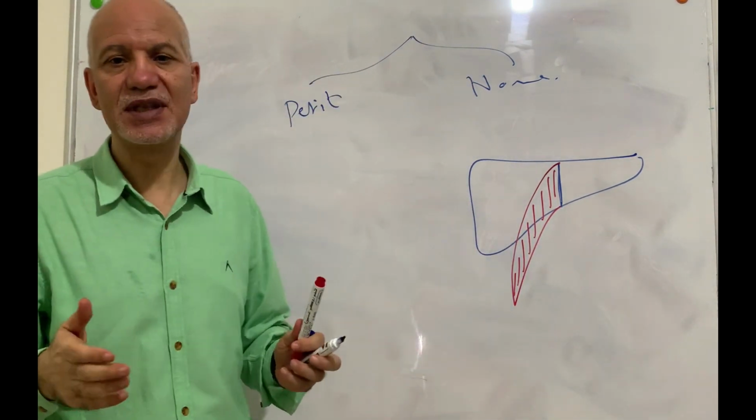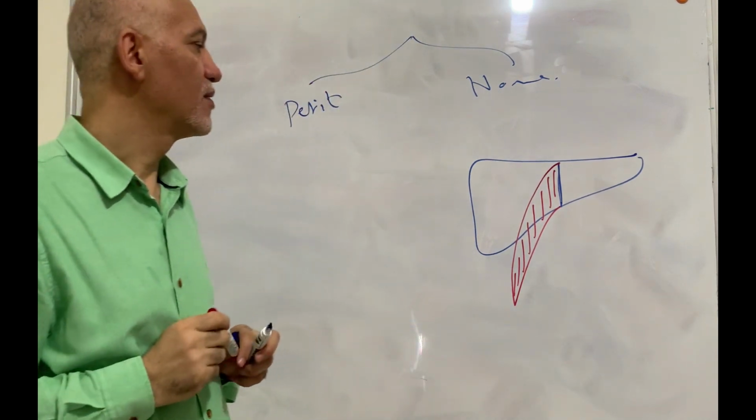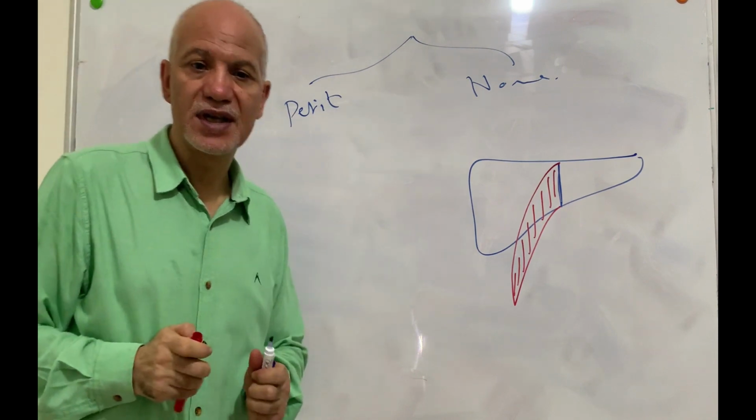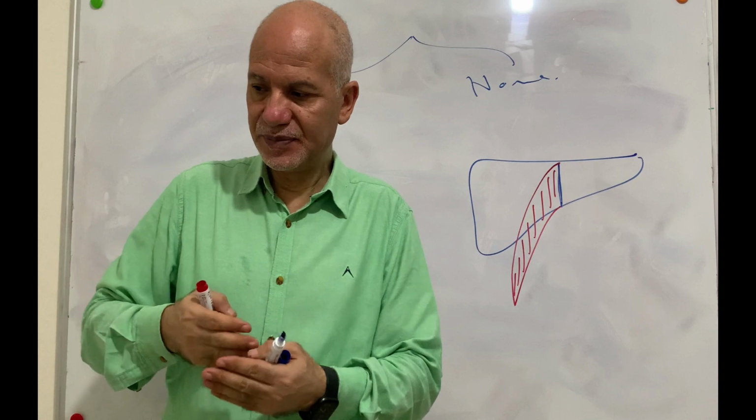This peritoneal ligament is discussed in detail in the lecture of the peritoneum. Falciform ligament. Also, the peritoneum covers the liver from the front and from the back.